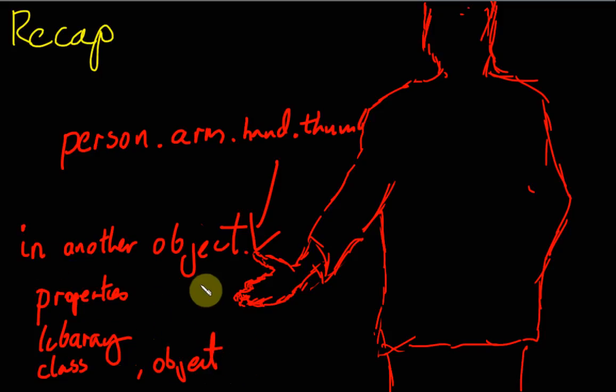Yeah, so you get the idea? The full stop means it's part of something else. Please don't confuse the full stop with a comma. So whenever you're seeing a reference to maybe a function that's within a library or an object that's within a class or something like that, it is always the full stop. Okay, away you go.